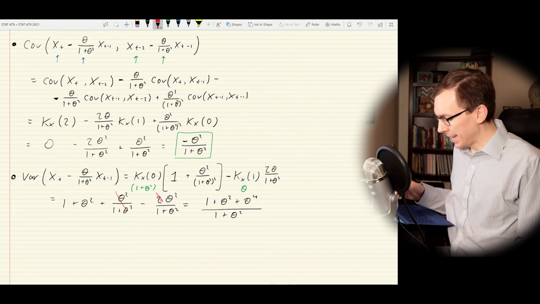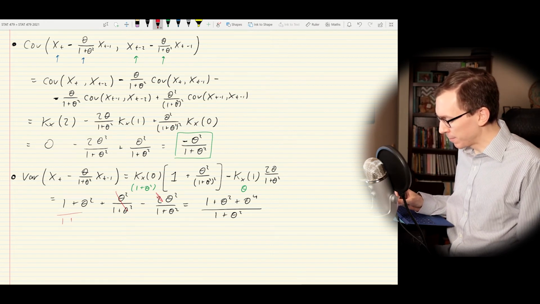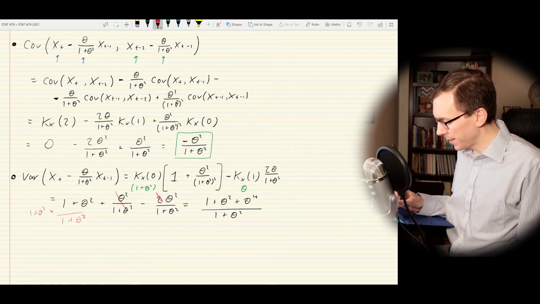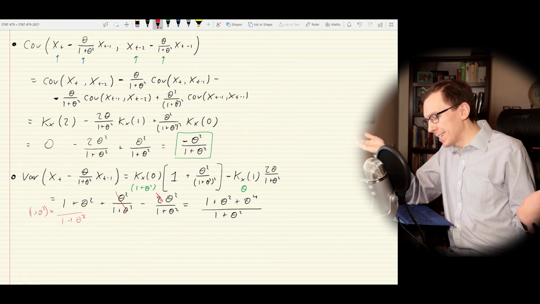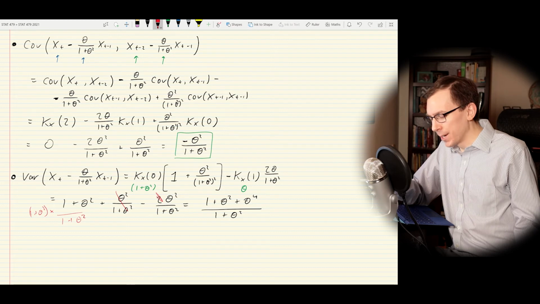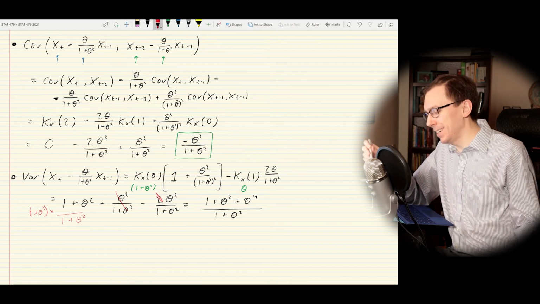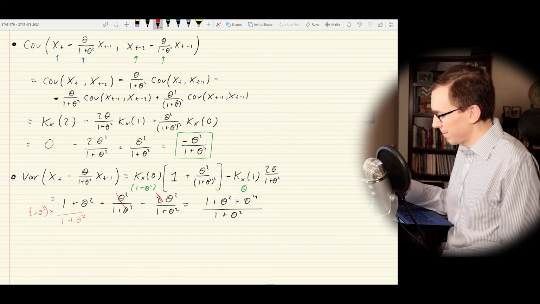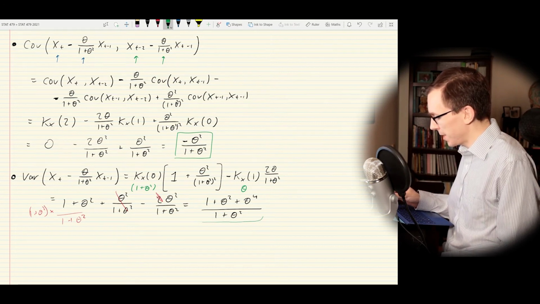Then I can divide this by 1 plus theta squared and multiply it by 1 plus theta squared, and shove all that together. The minus theta squared on the right side cancels out with one of the theta squareds on the left side, and we're left with this kind of crazy looking expression.